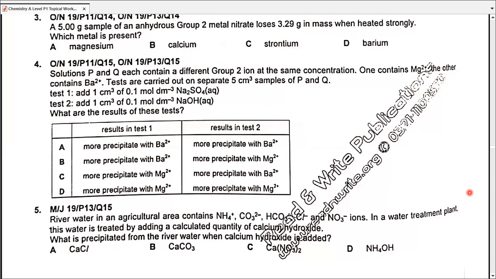Solubility of sulfates decreases down the group, so more precipitate with barium sulfate. And solubility of hydroxides increases down the group, so more precipitate with magnesium hydroxide. C.